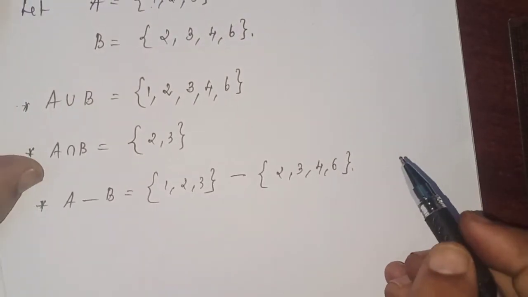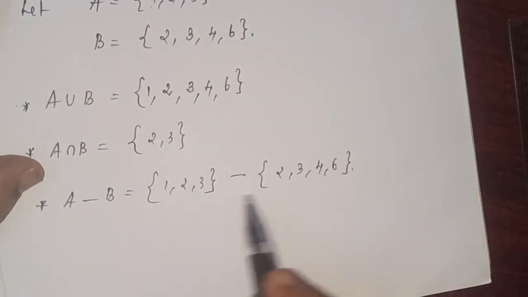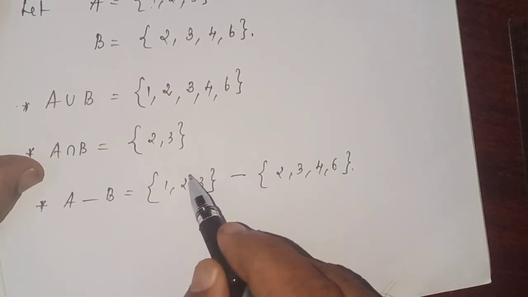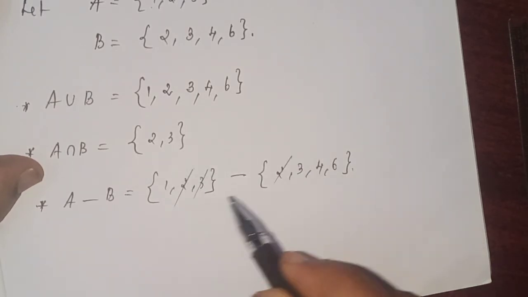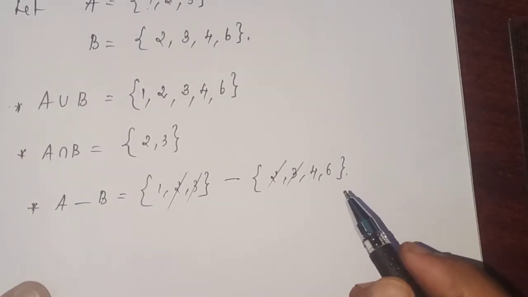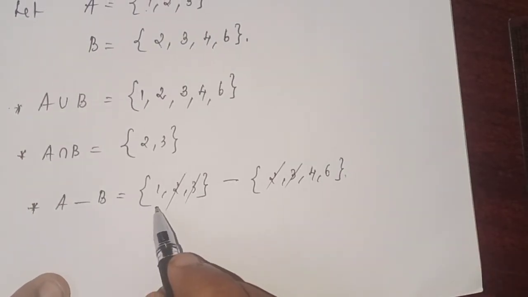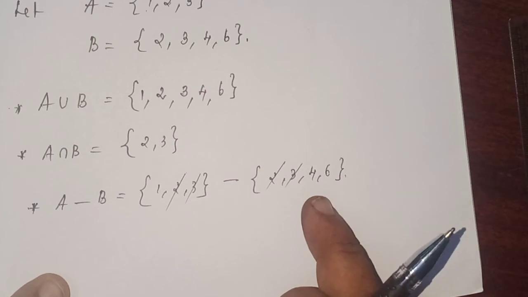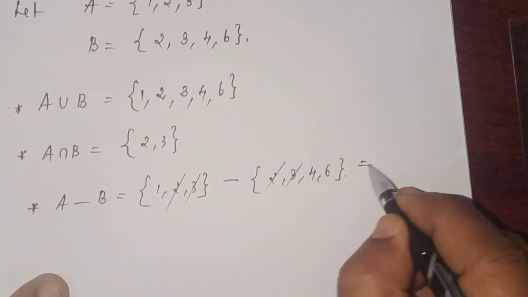In A minus B, you have to strike out the common elements first. Common elements, what are they? 2 and 3. After striking out the common elements, the elements left out in the first set, that is A minus B. So which one is left out? 1. You are not supposed to consider 4 and 6. So 1 is the answer.